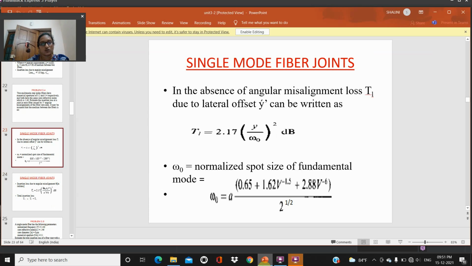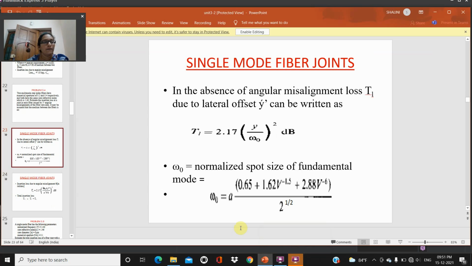Single mode fiber joints. In the absence of angular misalignment, loss T1 due to lateral offset y can be written as T1 equal to 2.17 (y/omega naught)^2 dB.